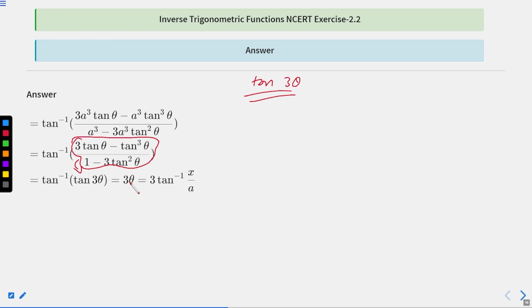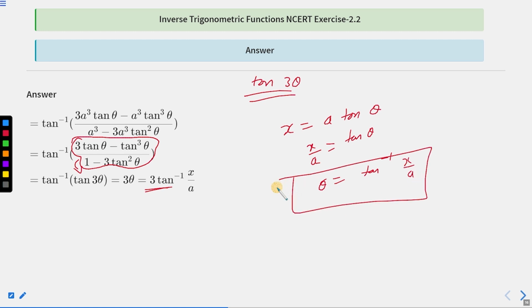This means that tan inverse of tan 3 theta equals 3 theta, and this further equals 3 times tan inverse x by a, because we know that x equals a tan theta, and from this tan theta equals x by a, and so theta is tan inverse x by a. I hope that you got this.